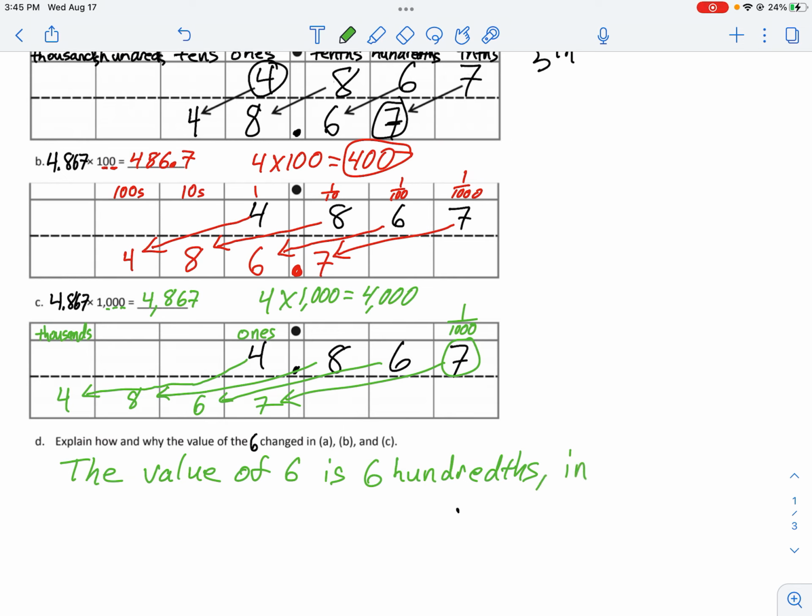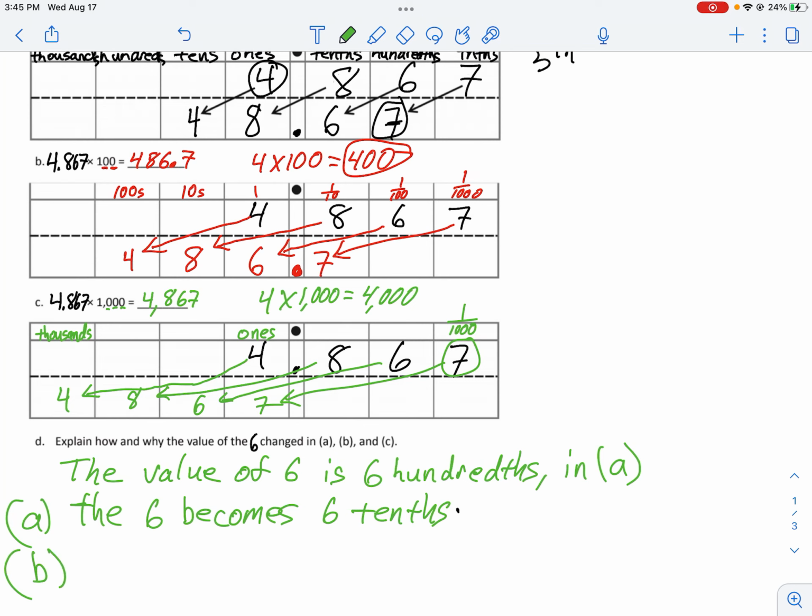Then in A, the 6 becomes 6 tenths. In B, the 6 becomes 6 ones.